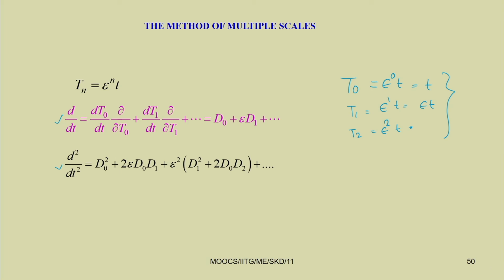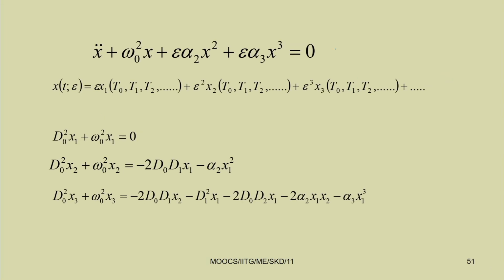For example, in the case of the Duffing equation with quadratic and cubic nonlinearity, initially we have expanded x equal to epsilon x 1 plus epsilon square x 2 plus epsilon cube x 3, where x 1, x 2, x 3 we have taken as different time scales.